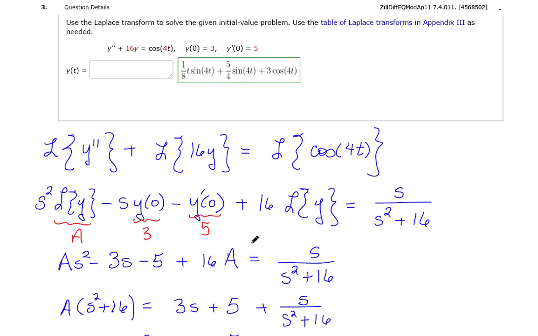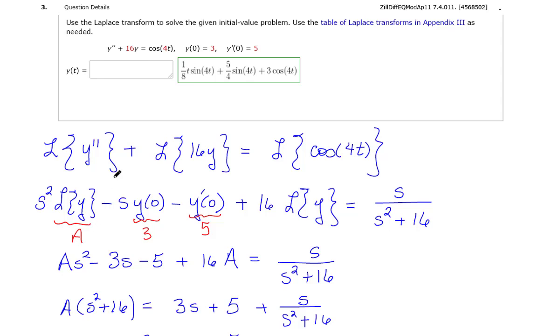Alright, let's see. Here we have the Laplace transform to solve y double prime plus 16y is cosine of 4t. Got some initial conditions. Now we could solve this by what we've done previously without Laplace transforms, but let's see how we do it with Laplace transforms.